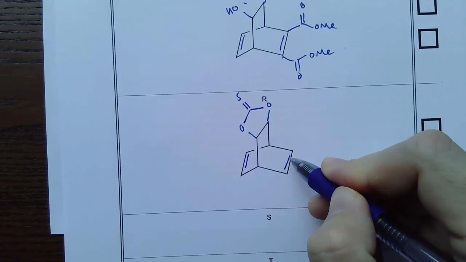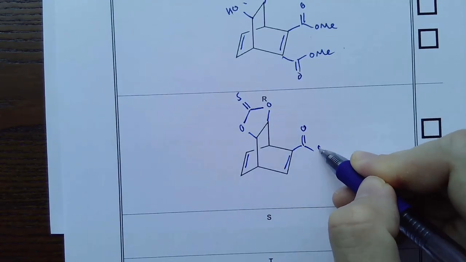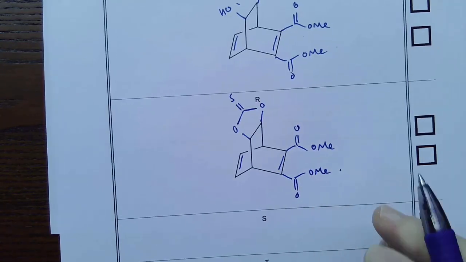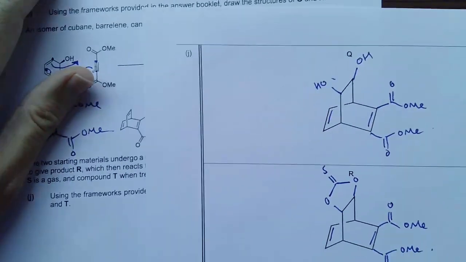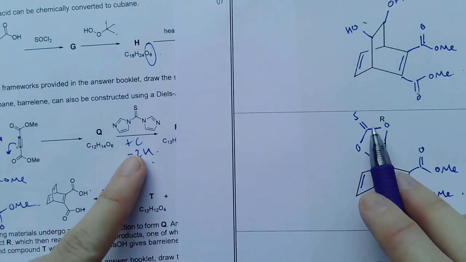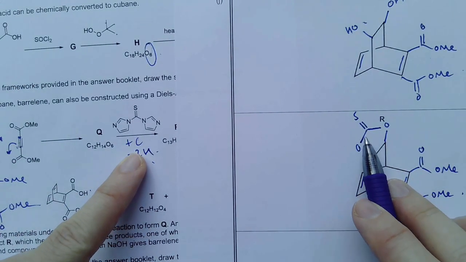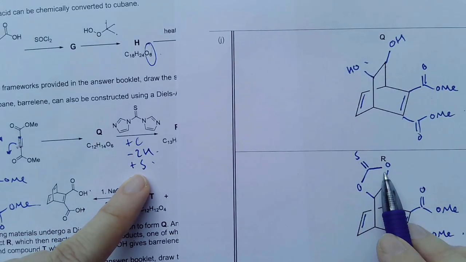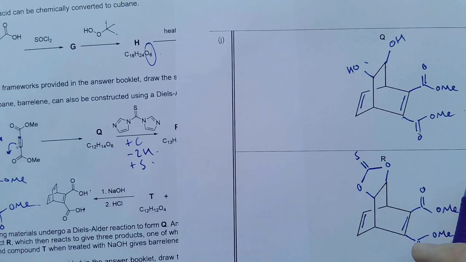I know that's a bit of a reach if you don't know the actual reaction that's happening, but it does satisfy all of the pieces of information that we're given. So we've got our extra carbon, we've lost our 2 hydrogens, we've got our sulfur, and we've made a new ring.